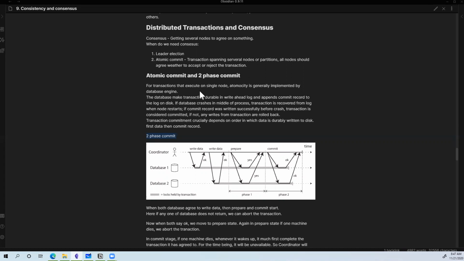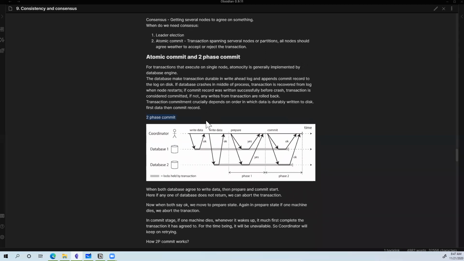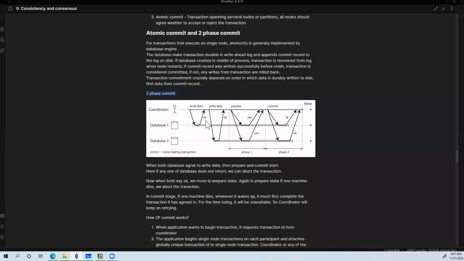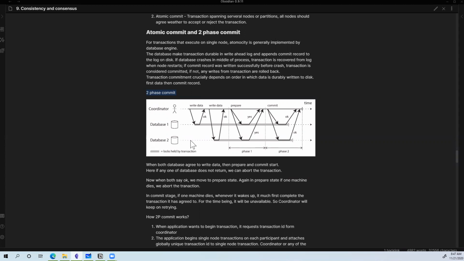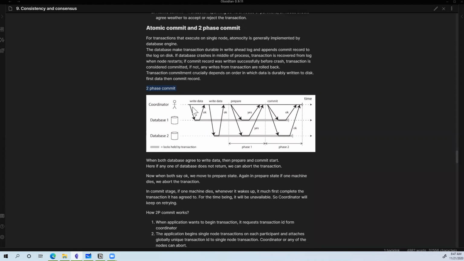One of the protocols that has been discussed is two-phase commit, which is a very common protocol to implement distributed transactions. A brief explanation: there is a coordinator node which will be implementing two-phase commit, and these are the two databases. Two-phase commit happens in two phases.